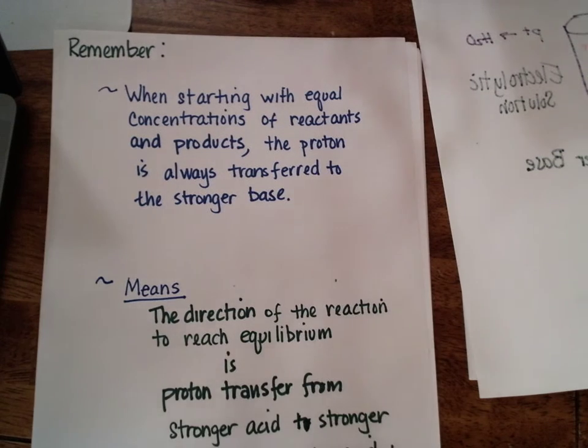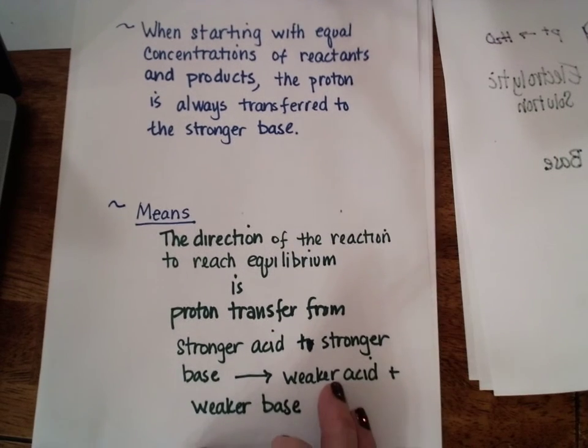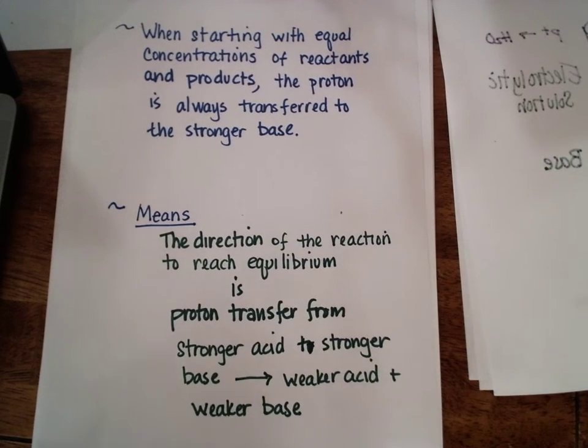That means that the direction of the reaction to reach equilibrium is a proton transfer from a stronger acid to a stronger base, and I end up with a weaker acid and a weaker base.